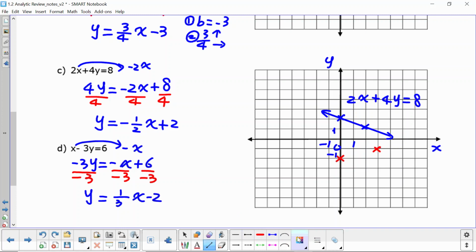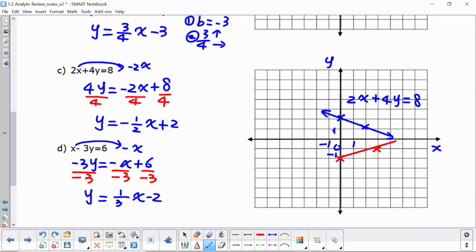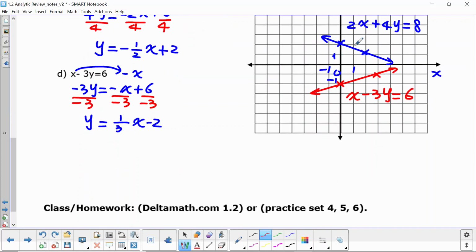Then you connect these 2 points. Then put arrows at both ends and write the equation beside the line. I highly encourage you to use a color marker. Then you can graph them, and it's easier to see which line is for which equation.